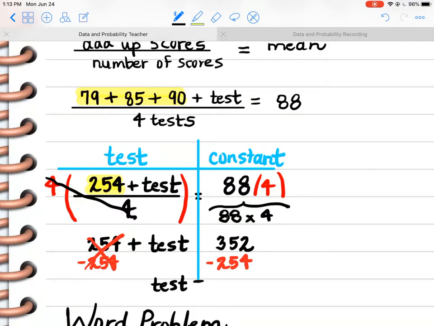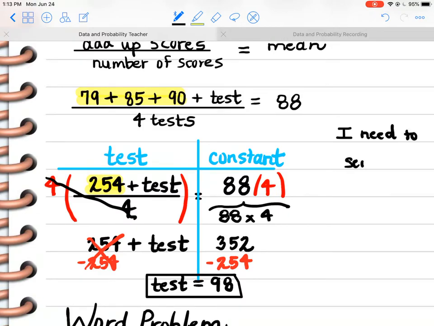I need to score a 98 on that test to make this average work. That's almost a perfect score. So what we're saying here is that I need to score 98% on the last test.